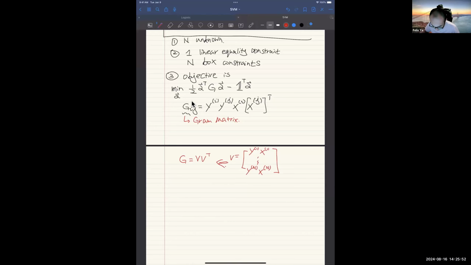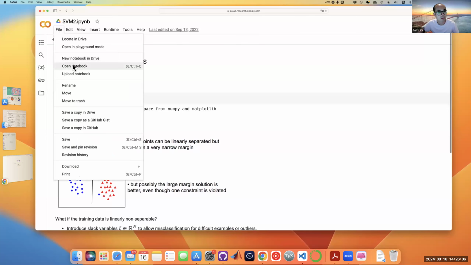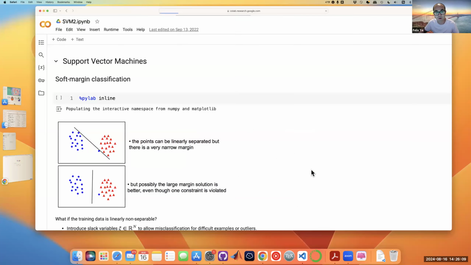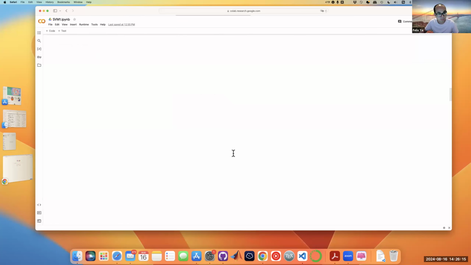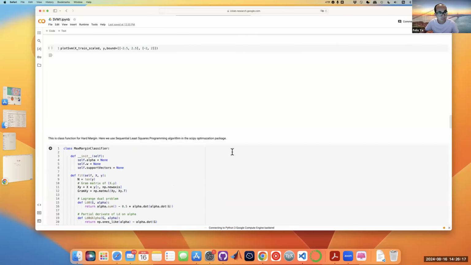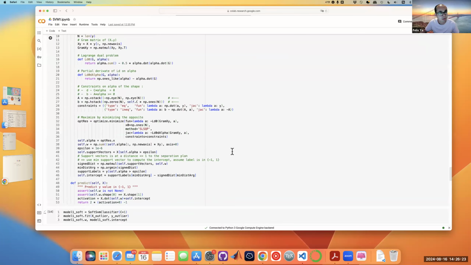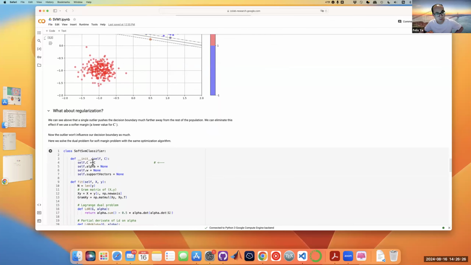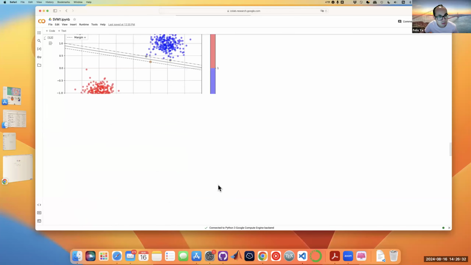Okay, so again, we can solve this problem, and the way we solve it, you already saw in the previous one, the hard margin. So this is how we work with a soft margin SVM.